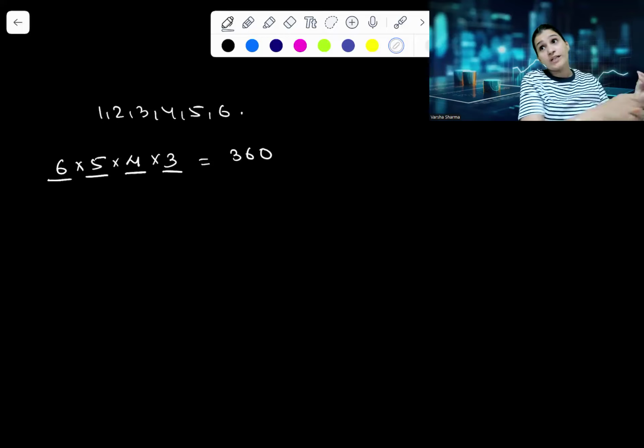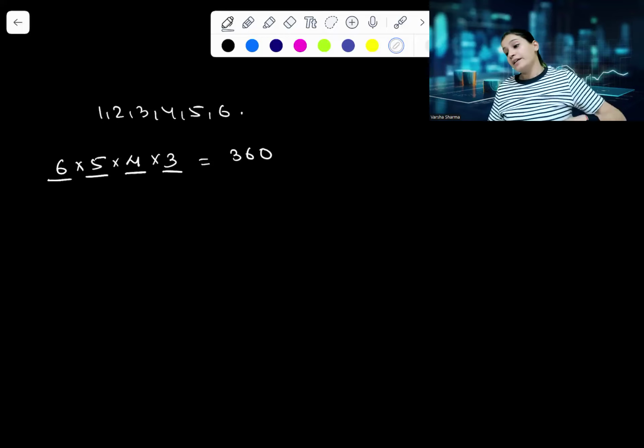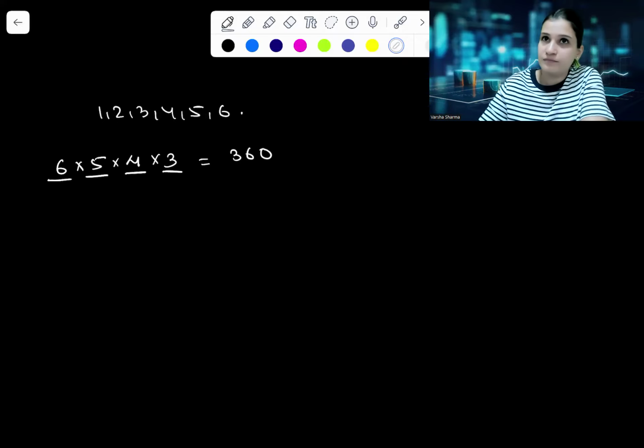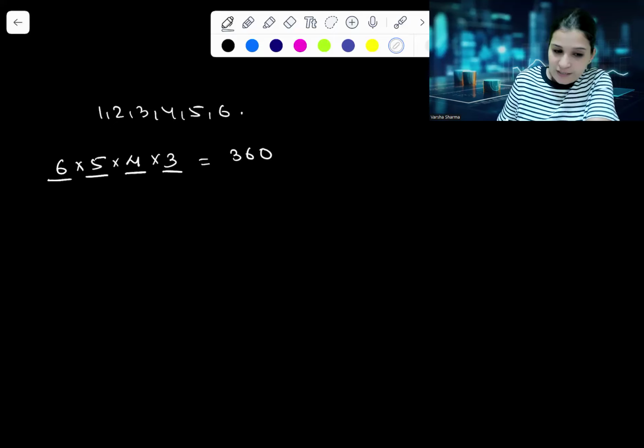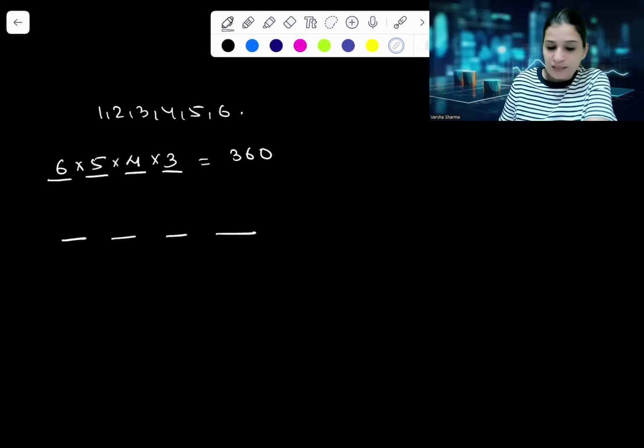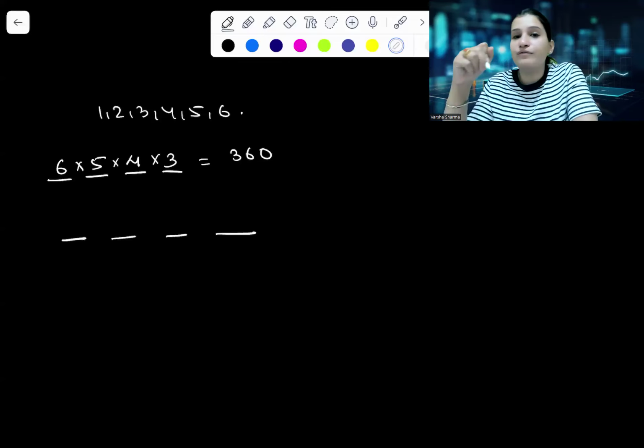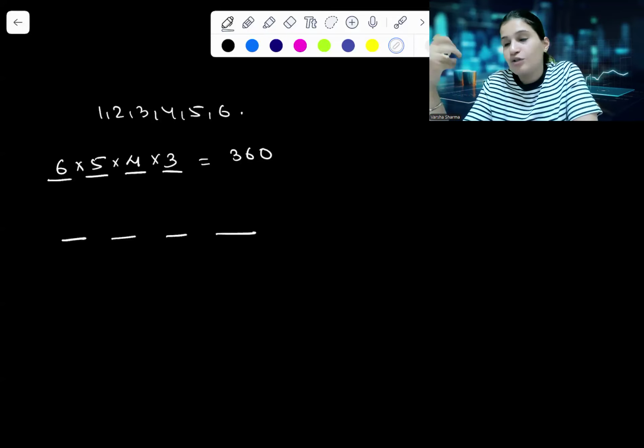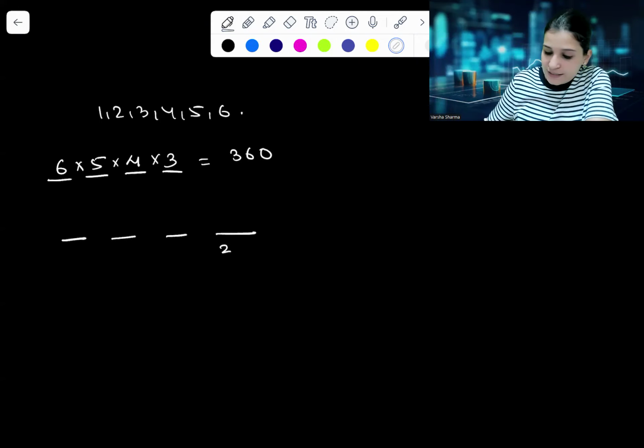Okay, now what I want is an even number. If I want an even number, in that case, the last place has to be filled by an even number. So the last place has how many options? 3. Either 2 will sit, or 4 will sit, or 6 will sit.